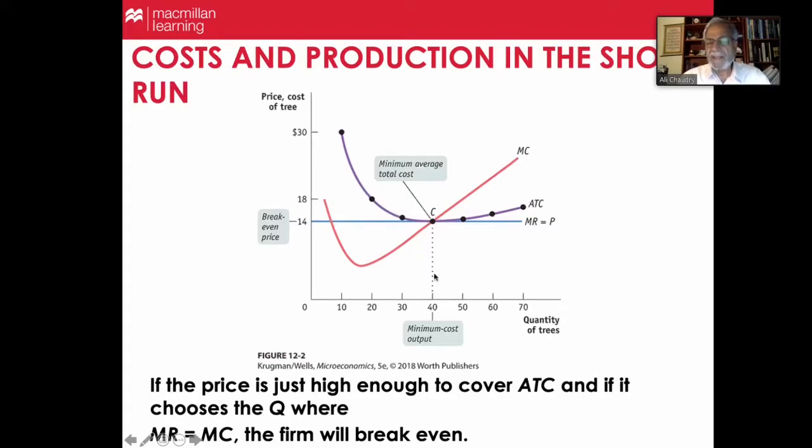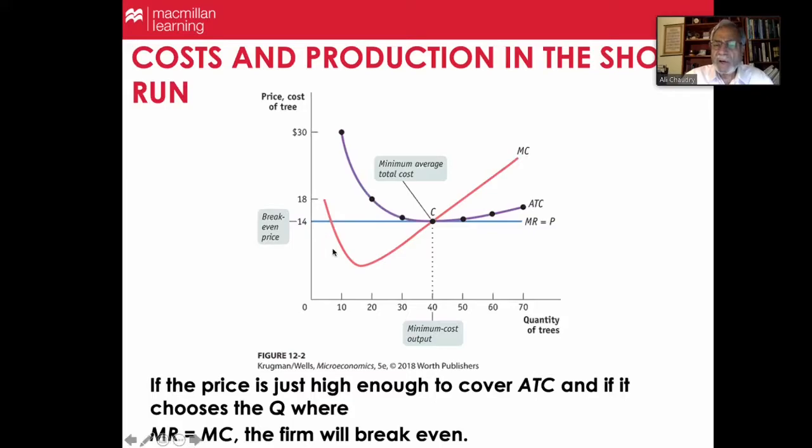Now, in this case, at the output level of 40, we find that the average total cost has reached its bottom. It's reached its minimum, and then it begins to rise slowly. Also, the marginal cost curve that had been falling for a while is now rising, and has actually been rising before the average total cost begins to rise.